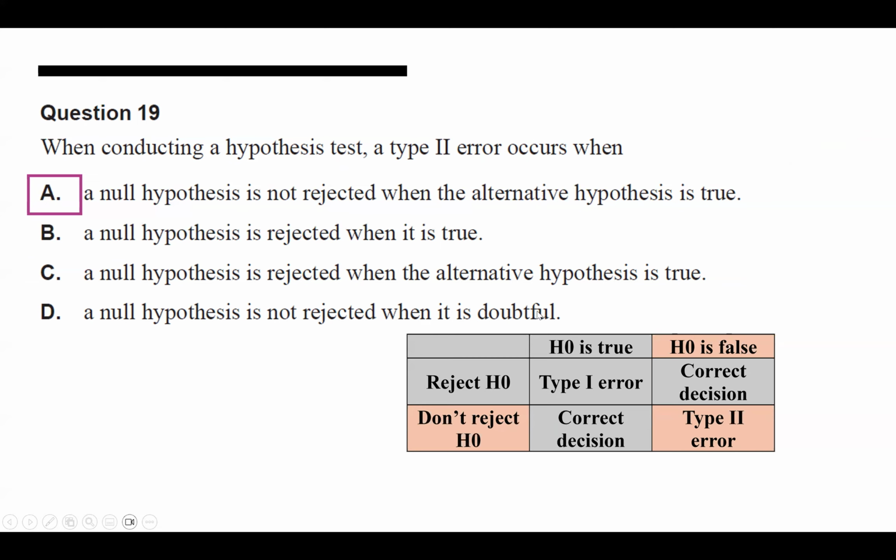This adjective doubtful means you have some suspicion. You are doubtful. But it doesn't necessarily mean H0 is wrong or false. It might be true. Therefore, comparatively speaking, option A is a better option than option D.